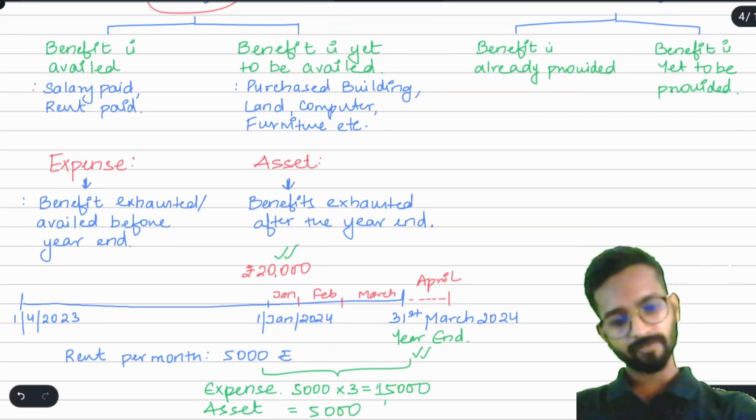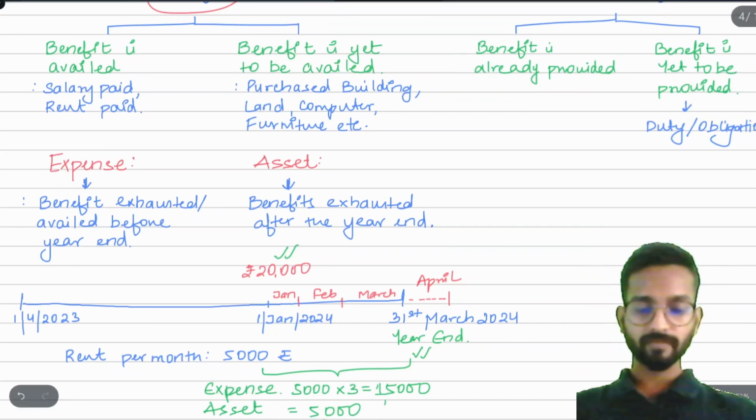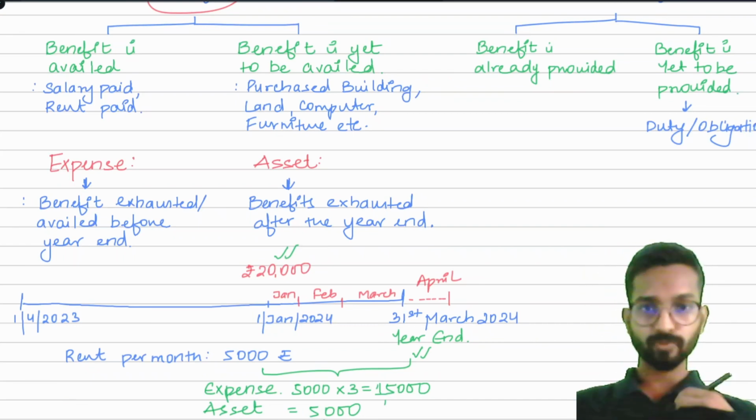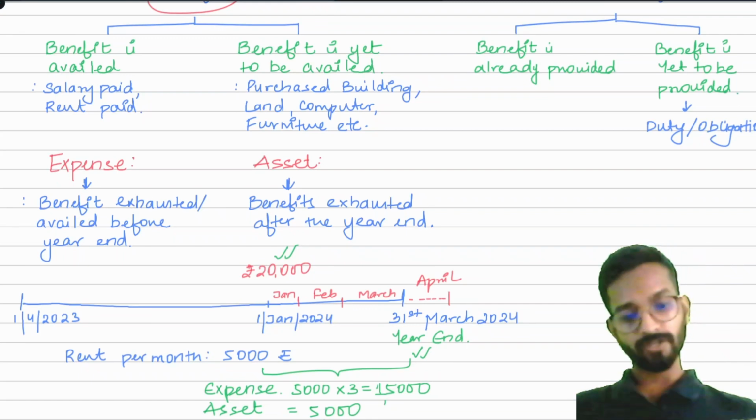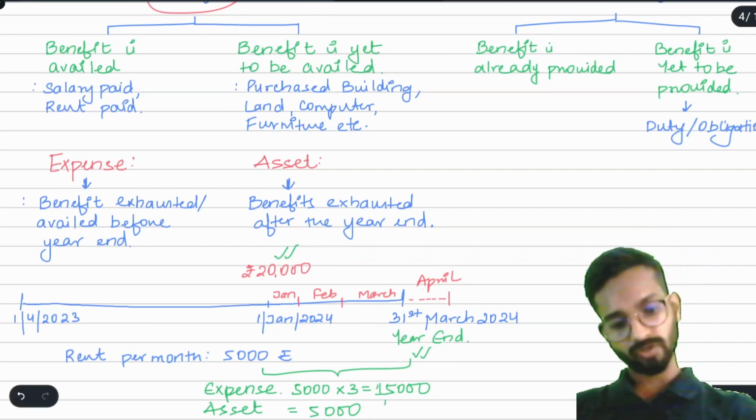I can write here, when benefit is yet to be provided, there is a duty on me, or you can say there is an obligation on me to provide the services. When there is an obligation on me to provide the services, when there is a duty, this is called liability.